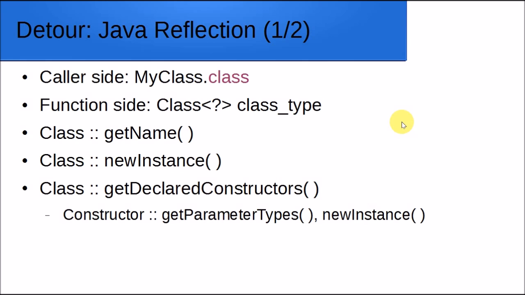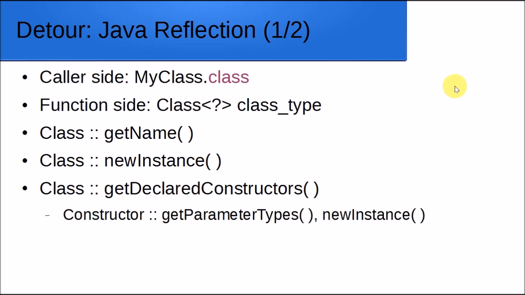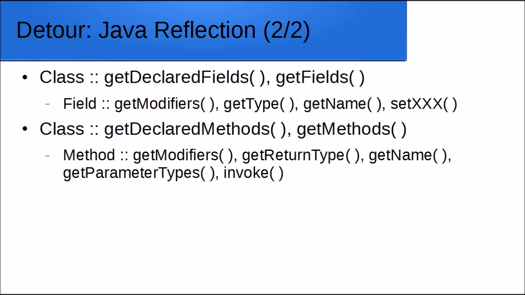And although there's reflection in C#, you don't actually ever use it, certainly not for something as basic as starting a new activity. Like on Windows, when you start a new window, you don't use reflection. So I just think it's a good time to take a detour. This can be skipped over, of course. So two slides on that.